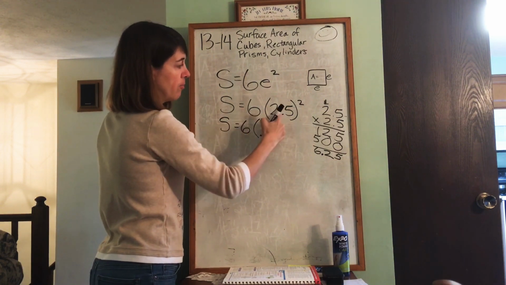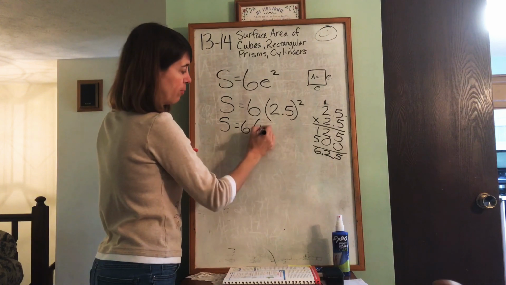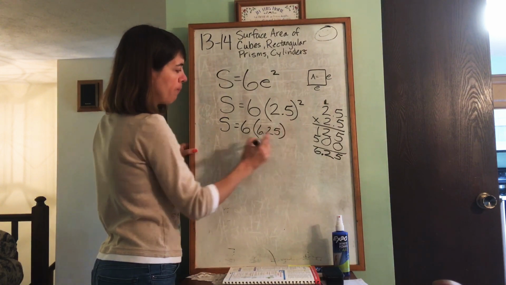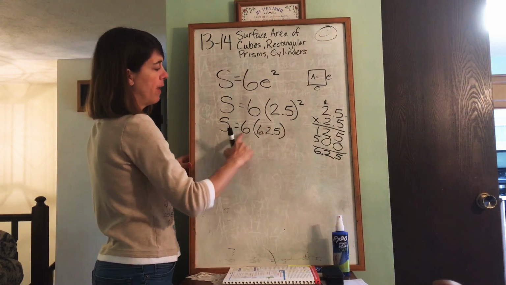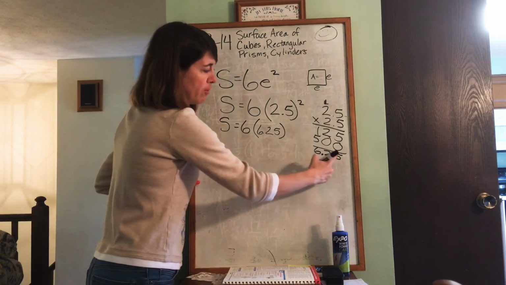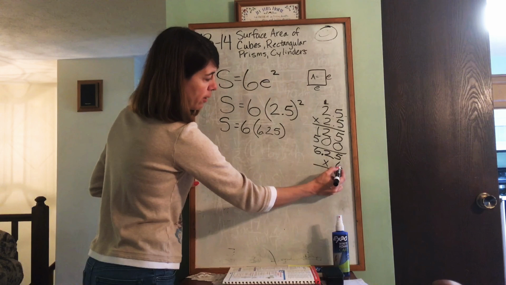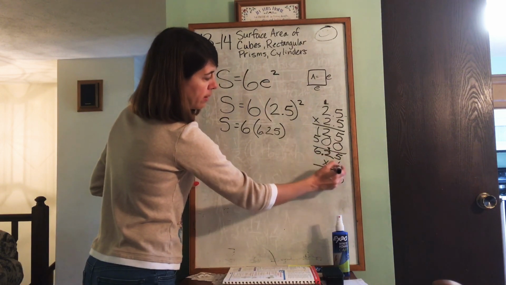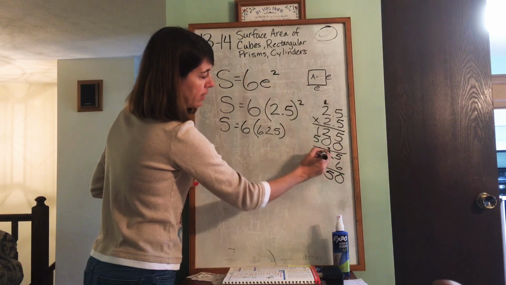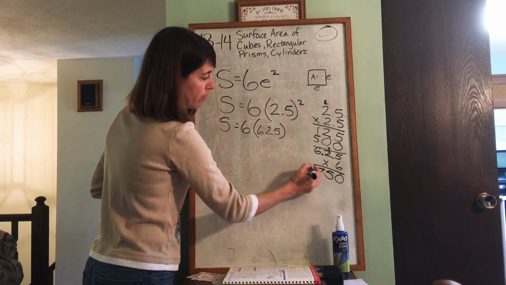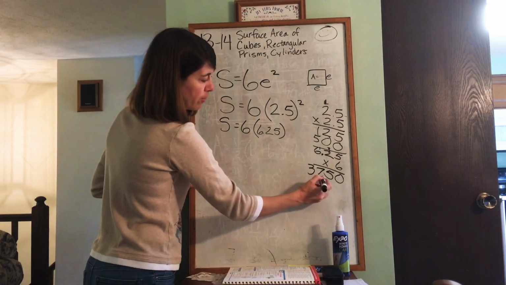6 times, we squared this, that was 6.25. Now we've got to multiply 6.25 times 6. I'm just going to go ahead and write that on to here and move on from there. This is 30. That's 12 and 3 is 15. Carry the 1. 36 and 1 more is 37. 2 decimal places.